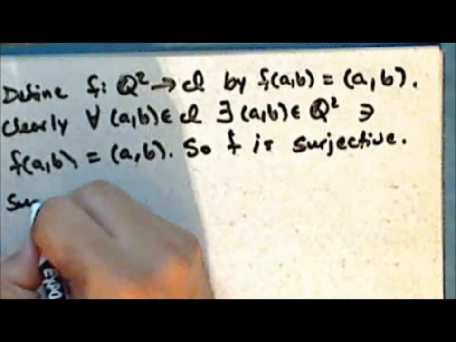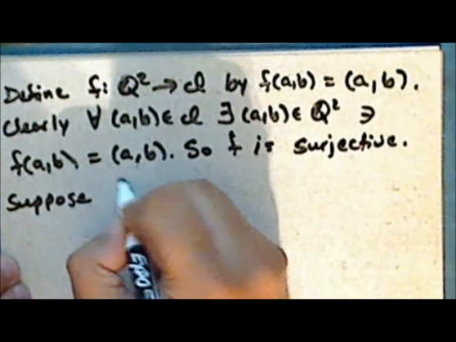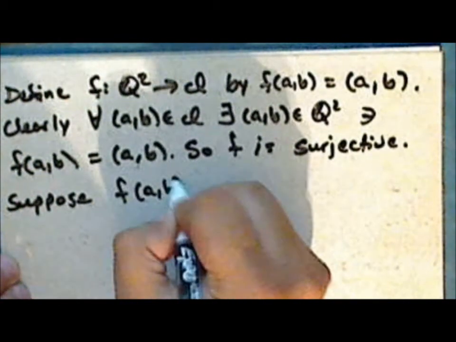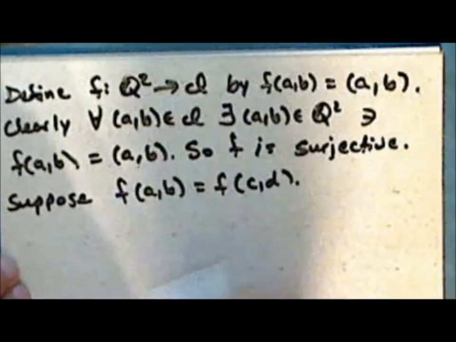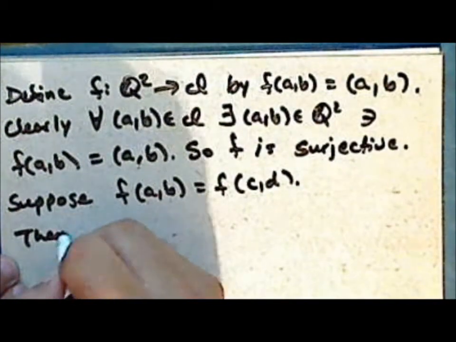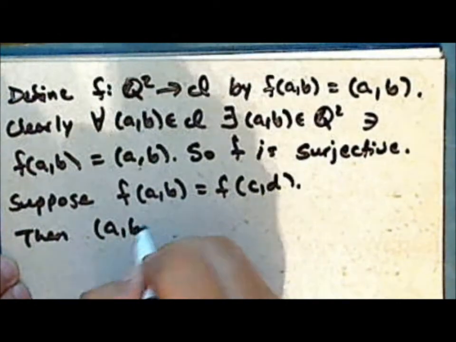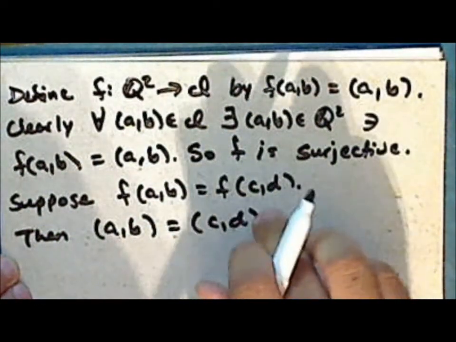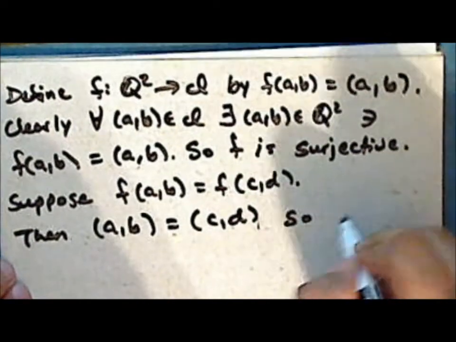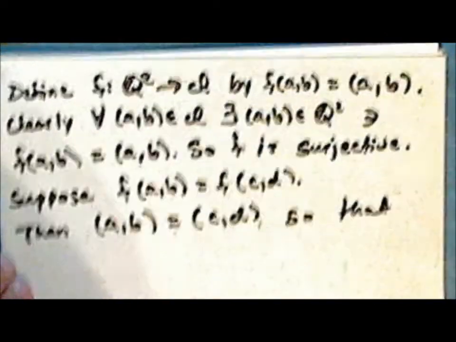Now suppose that f of the ordered pair ab is equal to f of the ordered pair cd. Then the open interval from a to b is the same as the open interval from c to d, so that the endpoints must be equal.